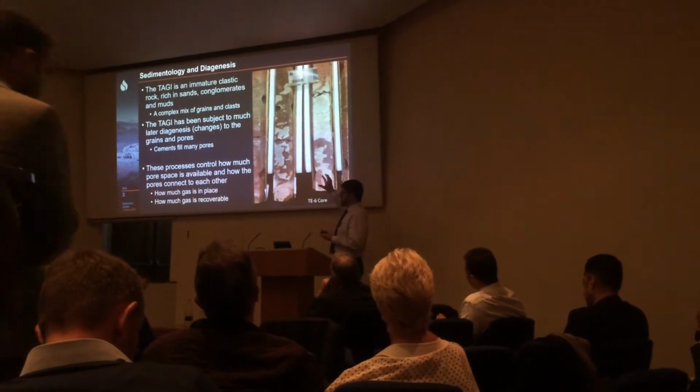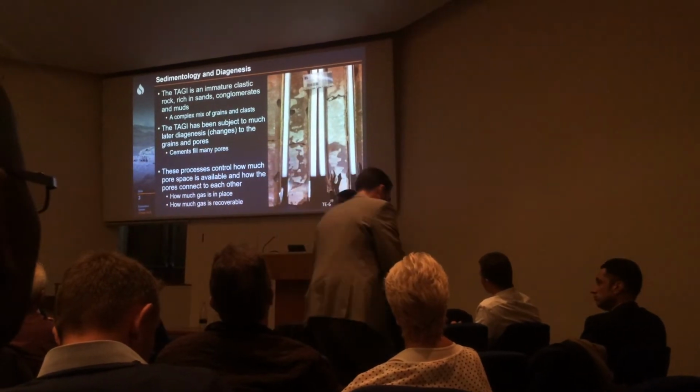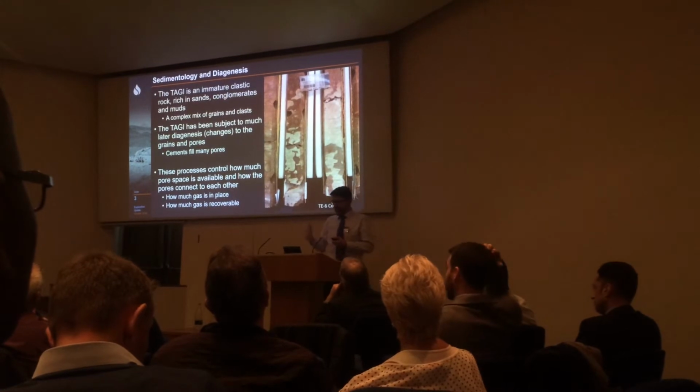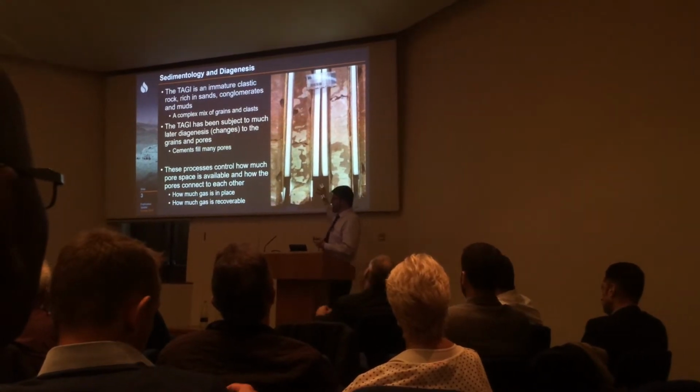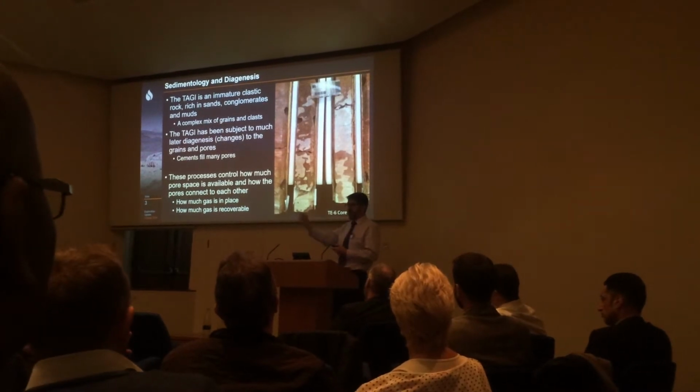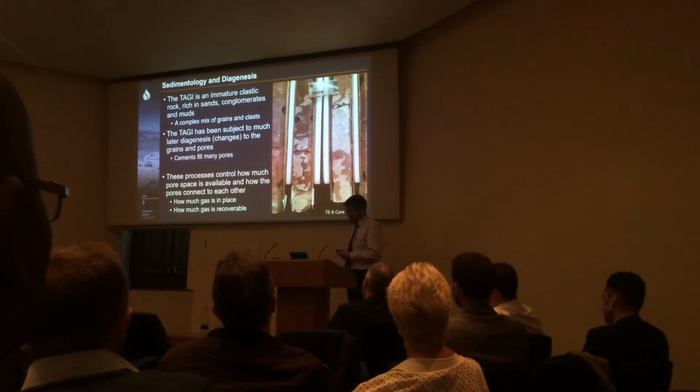And really understanding the distribution of pore space in this rock is critical because that constrains how much gas we can get in the rock or oil and how that can flow, so how much we can produce, how much is recoverable.